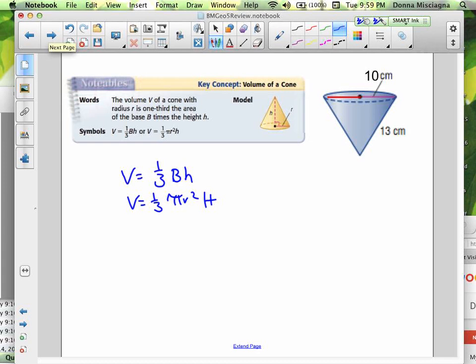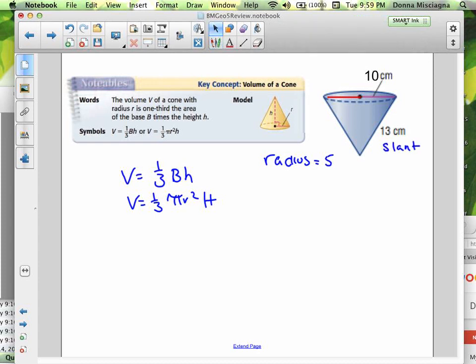So we're given the diameter there, we can tell because the line goes across. Our radius is half of that, or 5. And this is slant height. So we have to find this straight vertical height. So we're measuring the inside part. If you notice, we have a right triangle, so we can use the Pythagorean theorem here.